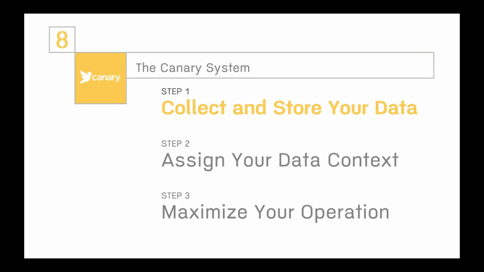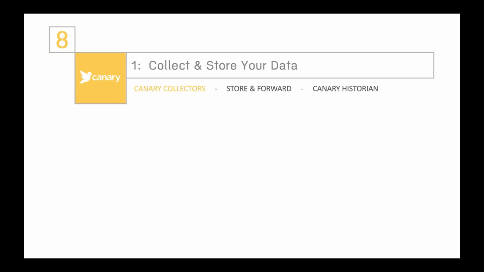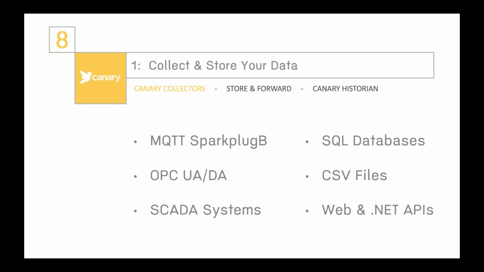Now, there's numerous ways that you can do that. Out of the box, the Canary Historian comes with what they call collectors, to actually collect data from our plant information systems and store that into Canary's time series historian. And obviously, they have a whole bunch of standards that they support.